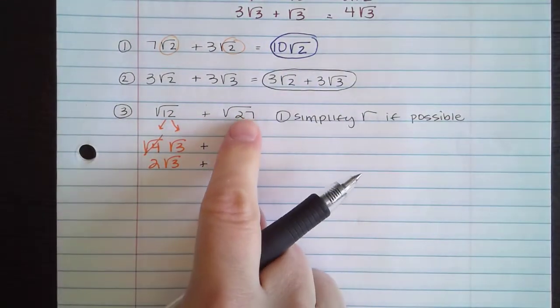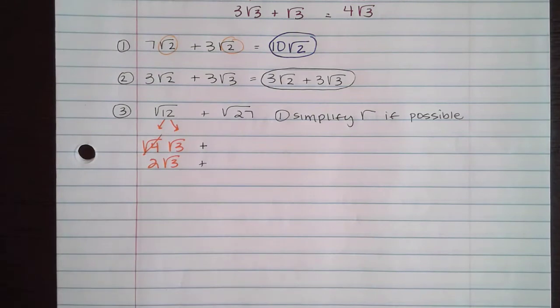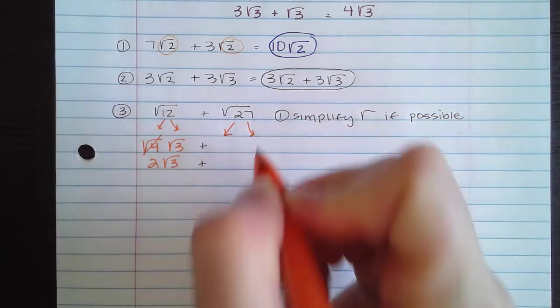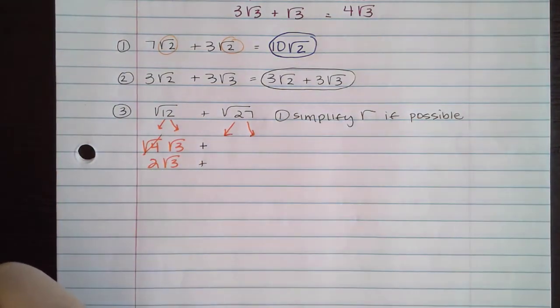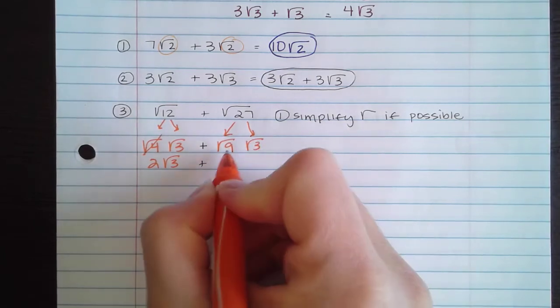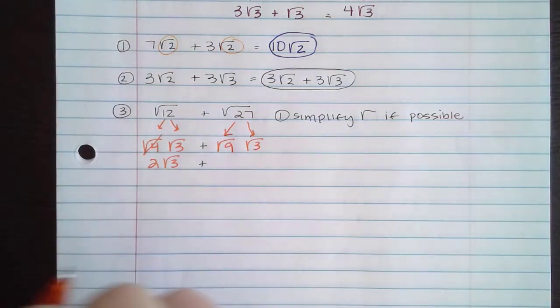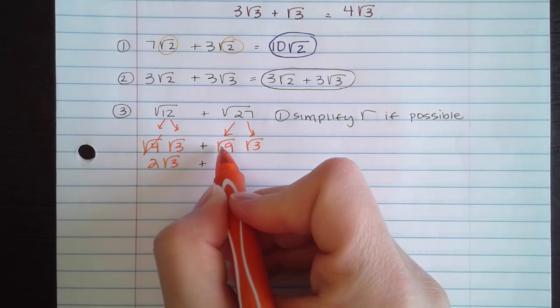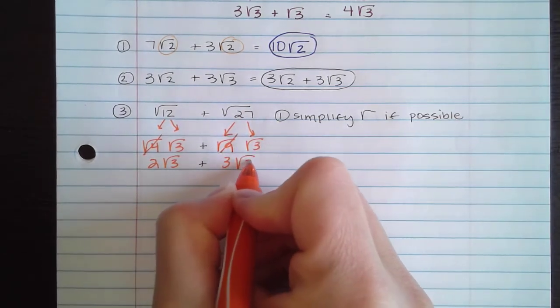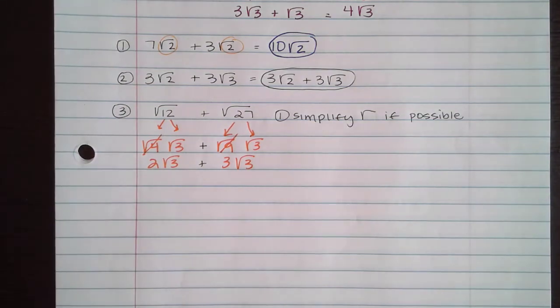And I'm going to add it to the square root of 27, which is also not simplified. So let's simplify that. What perfect square goes into the square root of 27? 9 and 3. Well, 9 is the perfect square that goes in. It goes in 3 times. And I like those perfect squares because the square root of 9 is 3. Hey, guess what? I can combine it.